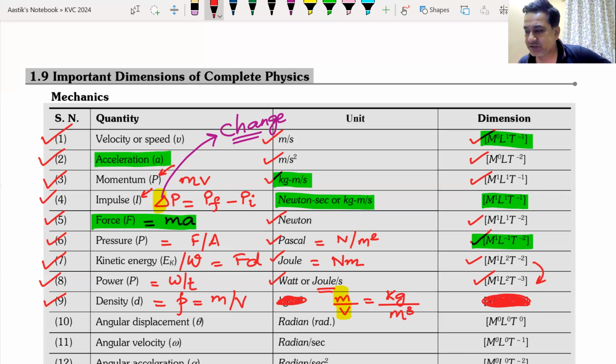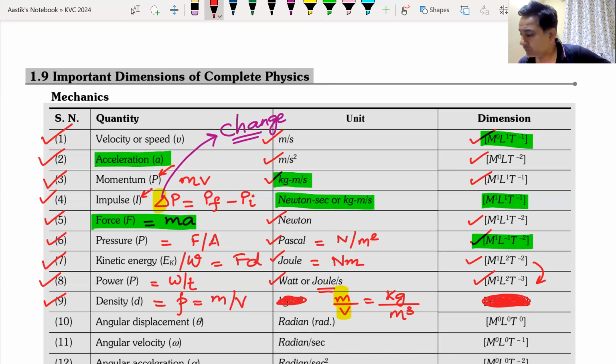What is the dimension of density? Did you get it? No one?